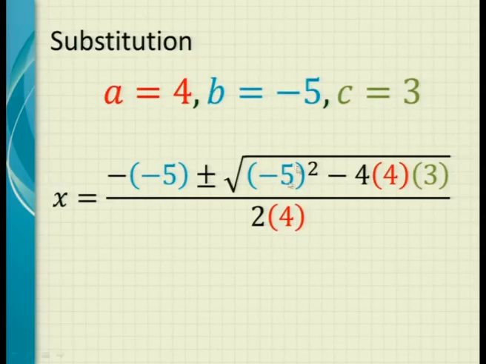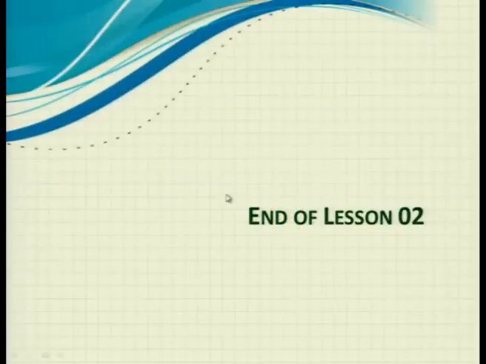B is minus 5 squared, minus 4ac, there's my a, there's my c value, all of that over 2a, and again the a is 4. If you use this methodology, it makes it easy to substitute. In the next lesson, I'm going to show you how to use your calculator to solve these equations to make sure you get your marks. That's the end of lesson 2. Goodbye.